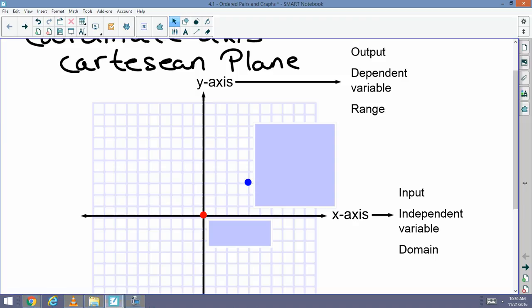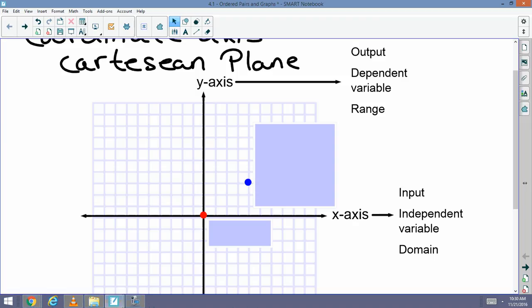So I have the x-axis, which includes what's called the input values, the independent variable, or the domain. Those are the x values on the x-axis. That's what they're called. The y-axis, that is vertical, up and down, kind of like columns hold up roofs and ceilings. Vertical. Okay, that is the output, the dependent variable, and the range.